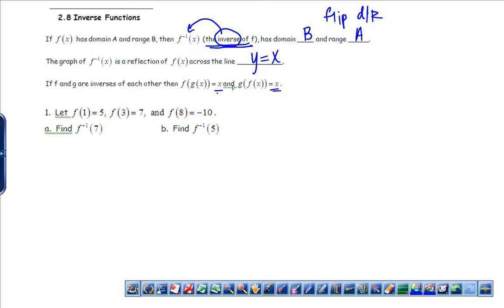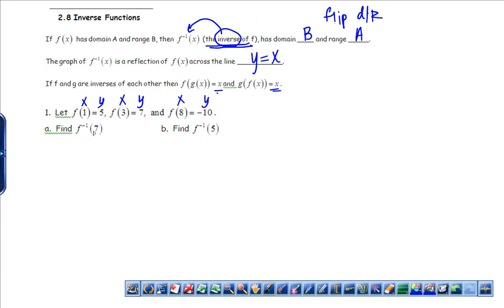Okay, so let's look at this down here. It says let f of 1 equal 5. What this means is this is your x value and this is your y value. So this is input, this is output. Again, if x is 3, then y is 7. If x is 8, then y is negative 10. Now let's look at your inverse.